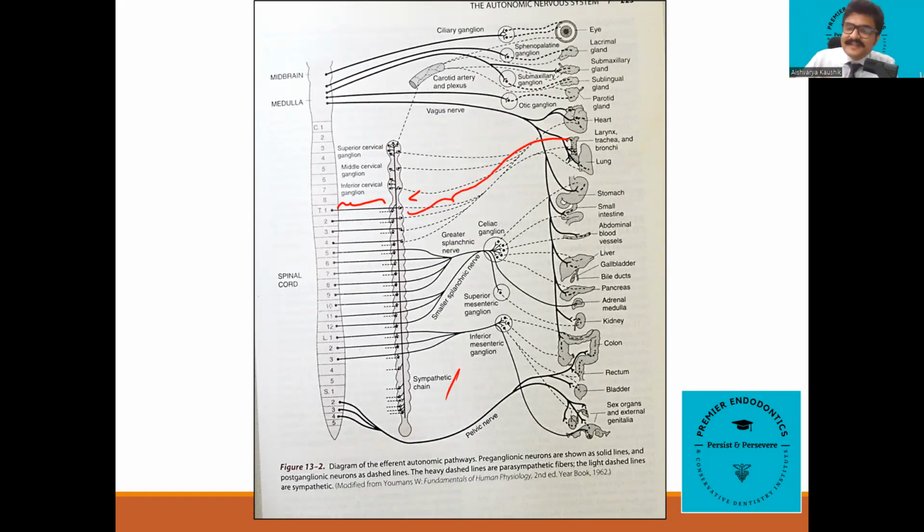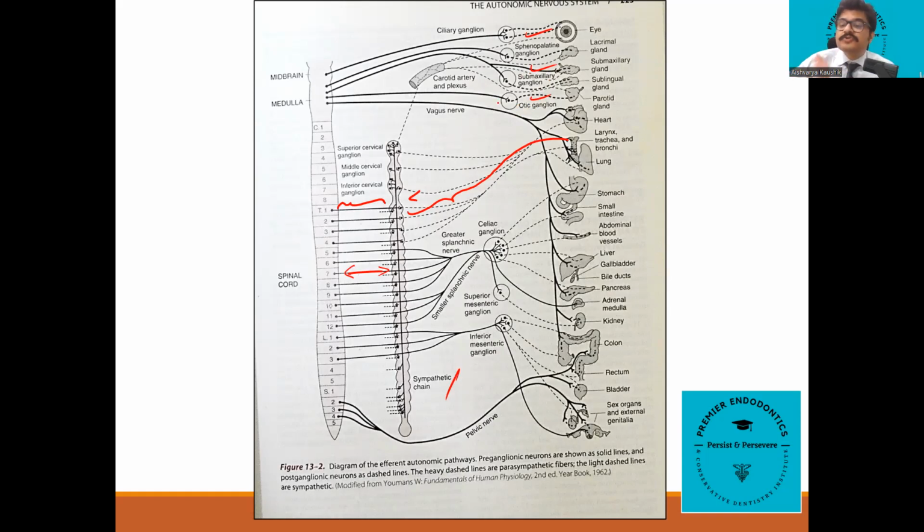Obviously, because the sympathetic chain is located close to the central nervous system, very close to the vertebral column. Exactly the opposite happens with the parasympathetic ganglion. You all know from your head and neck anatomy, what are the ganglia present in the head and neck region? Sphenopalatine, submaxillary, otic, submandibular ganglion. These are the four ganglia that we revised in our anatomy.